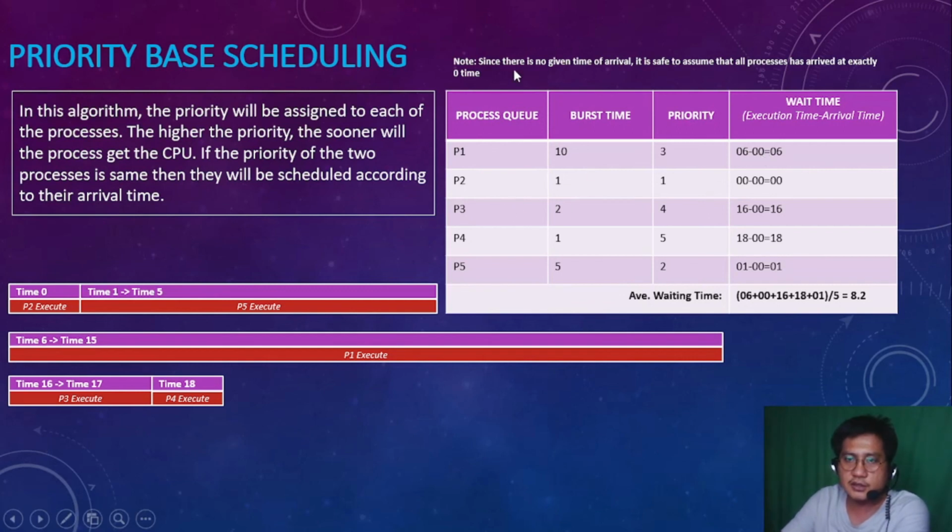because as you can see in the example table, since there is no given time of arrival, it is safe to assume that all processes have arrived at exactly 0 time.